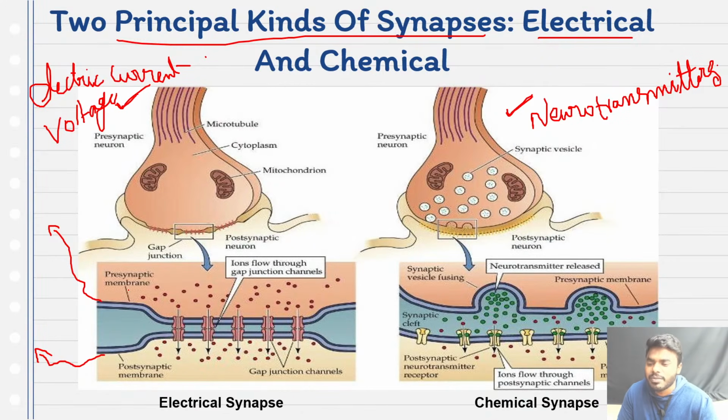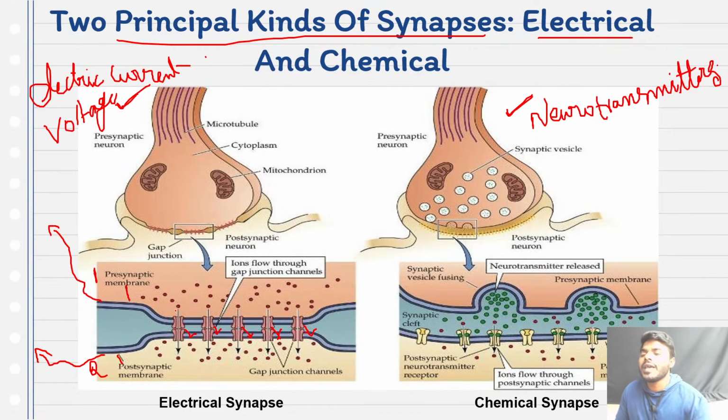See, this is one neuron and this is the second neuron. So the ionic movement is occurring from one neuron to another neuron via, look into the picture very carefully, friends, what are all these? These are all the gap junction channels.